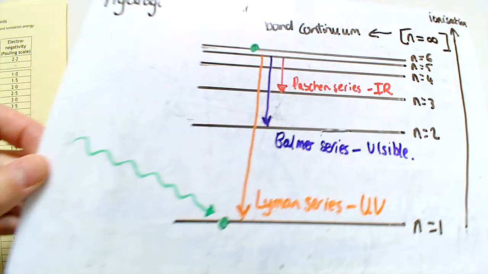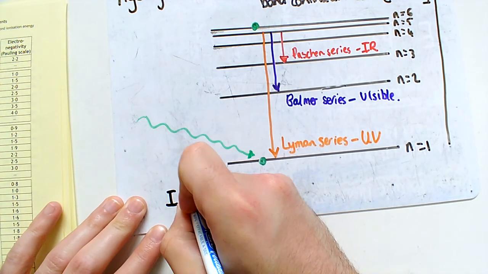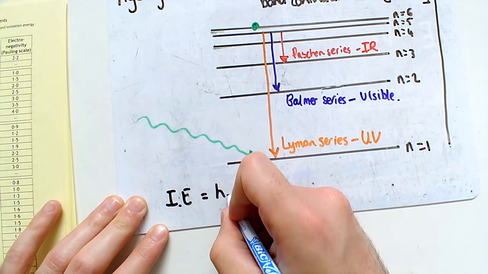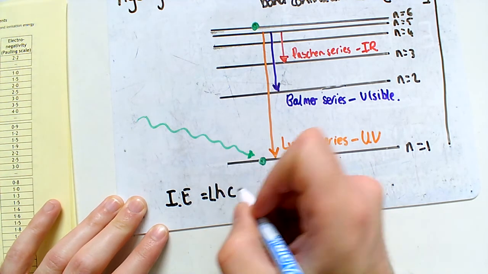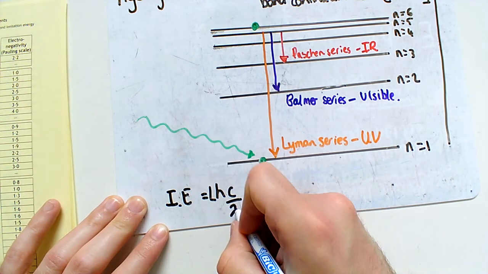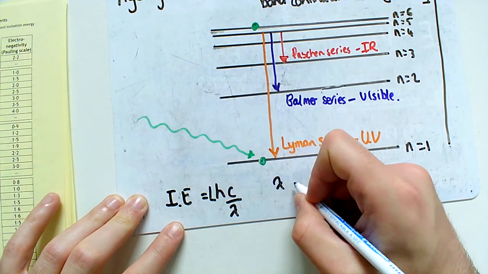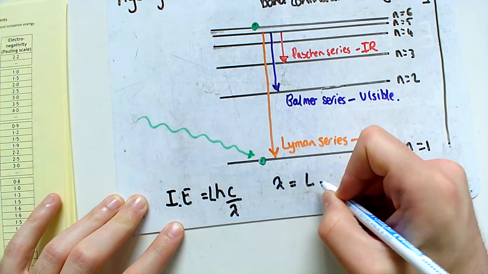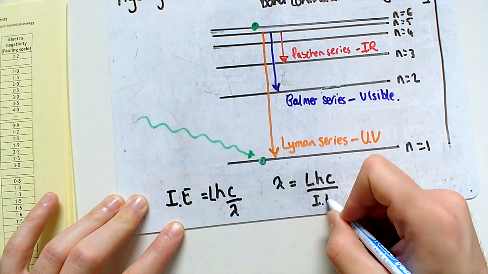And if you're going to do that, ionization energy is equal to LHC over lambda. So if you're working it out for lambda, lambda is equal to LHC divided by the ionization energy.